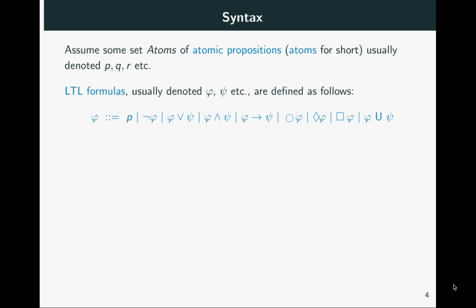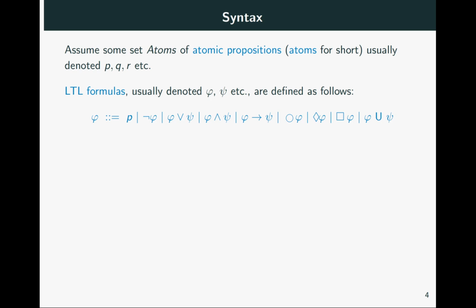The symbols that are used to put formulas together for building larger formulas are called connectives. The connectives are not, or, and, implies, next, eventually, always, until.